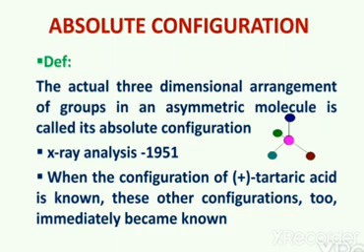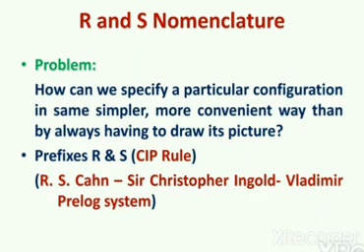The problem is that it is impossible or difficult to always draw the structure of molecules. That is, how can we specify a particular configuration in a simpler and more convenient way than always having to draw its picture?